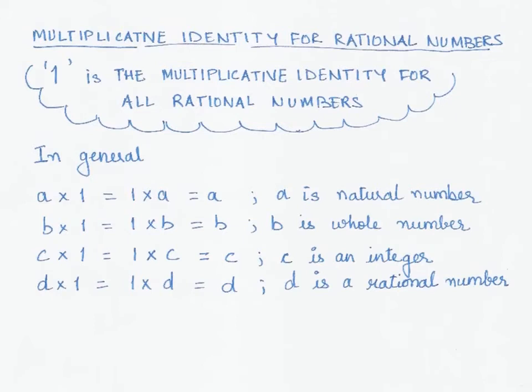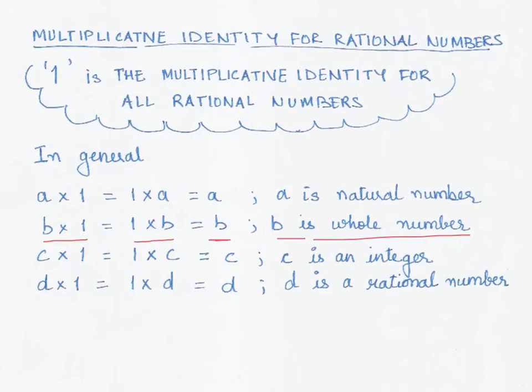And by the reasoning that we did for the additive identity, we can say in general, 1 is the multiplicative identity for natural numbers, for whole numbers, for integers, and rational numbers. Let's take an example. Let's say that b is a whole number, and I multiply b by 1, or 1 by b, I get b back.